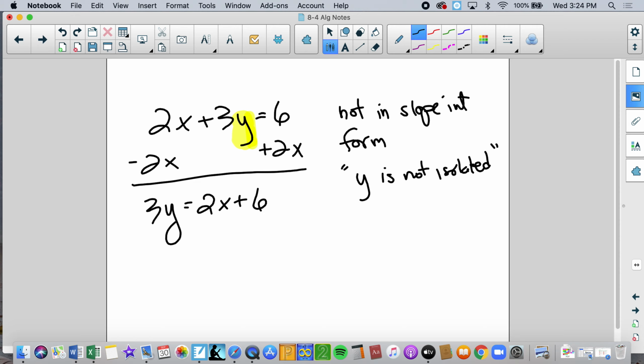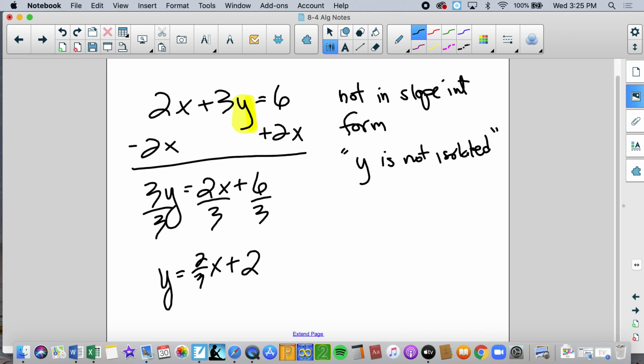Now you see why I want variables first, because it needs to be in y equals mx plus b form, x coming first, then the constant. Now we have to get rid of the 3 multiplying, so we're going to divide everything by 3. That leaves you with y equals -2/3 x plus 2.